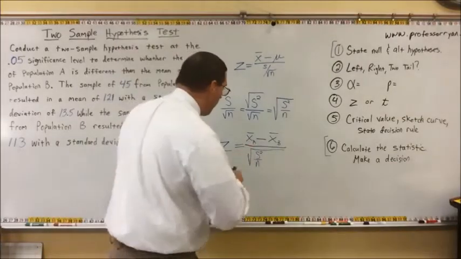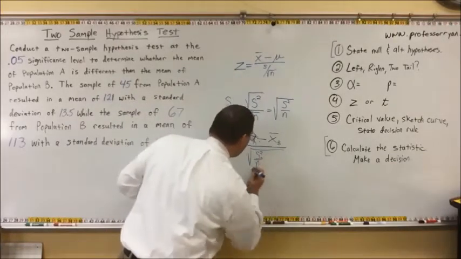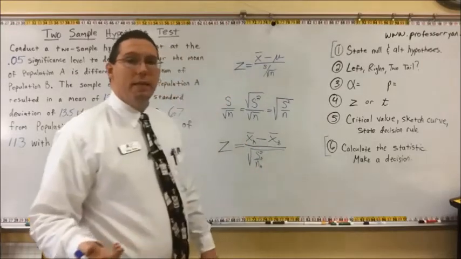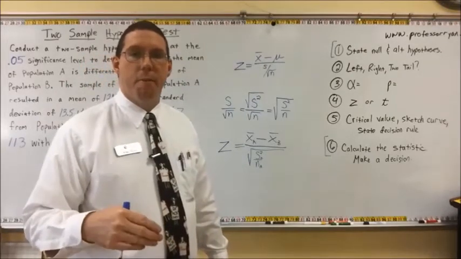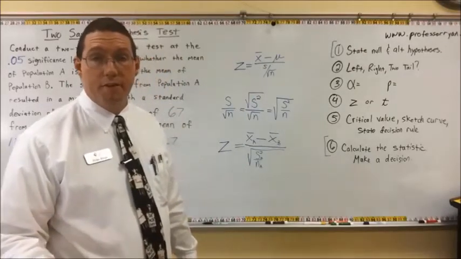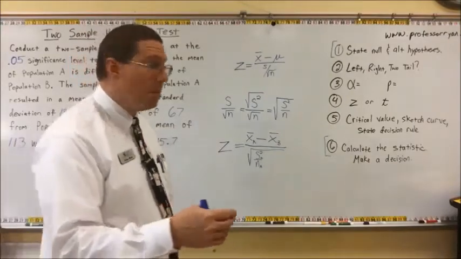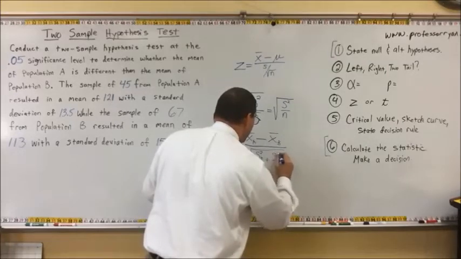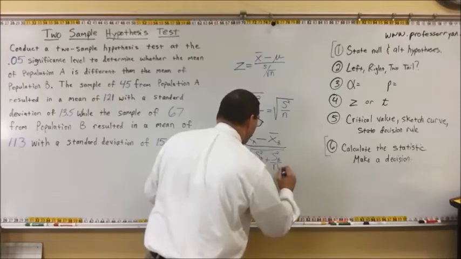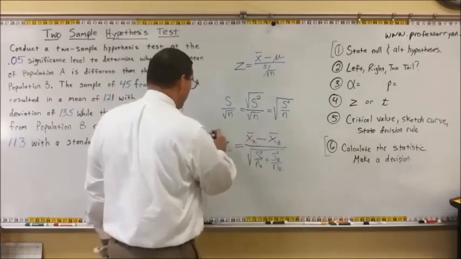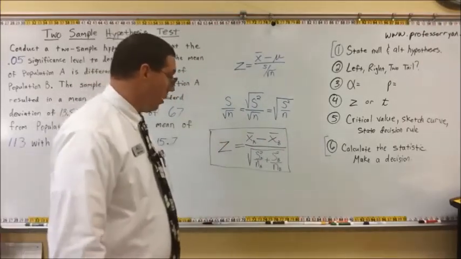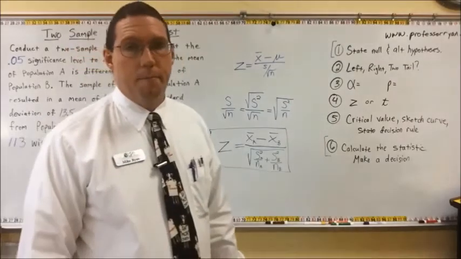One of them is from population A, and the sample size is also from population A. Now we need to incorporate the variance, or the standard deviation, and the sample size from population B. And the way we're going to do that is we're going to put plus s squared from population B over the sample size from population B. And this is your formula for calculating the z-statistic. I know it looks really nasty, but that's the formula.